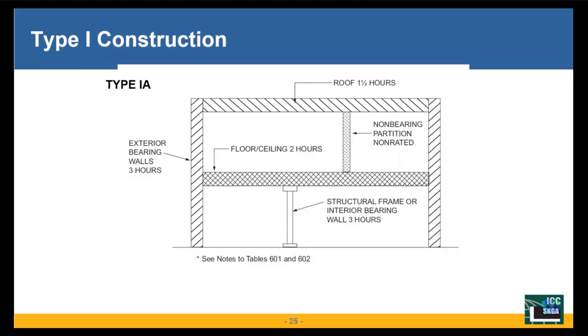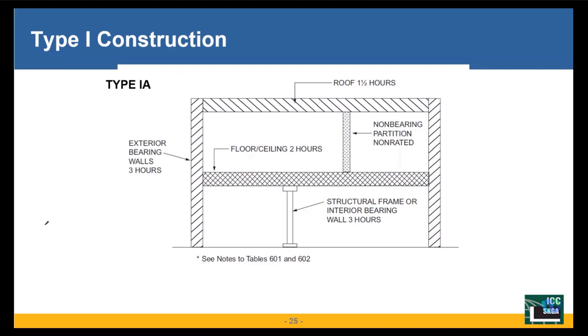So for example, here, type 1A, we'll talk about the type of construction in relationship to the table. The roof has to be rated 1.5 hours, and we'll see a table shortly. The floor ceiling is 2 hours. The non-bearing partition is non-rated.